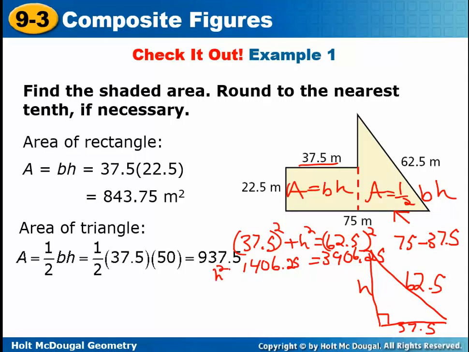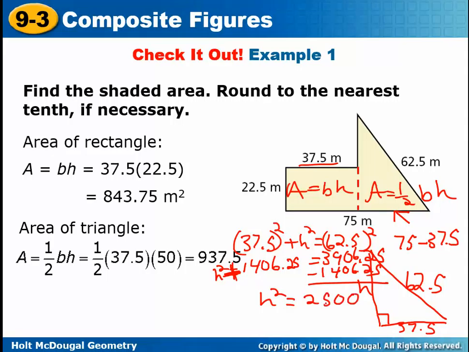Let me put my h squared here. So then I would subtract, whoops, that's a plus, 1406.25. So h squared is equal to 3906, using my calculator here, minus 1406.25, and that's equal to, conveniently, 2,500.